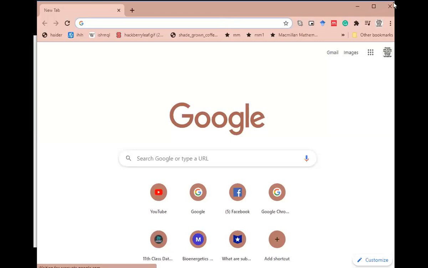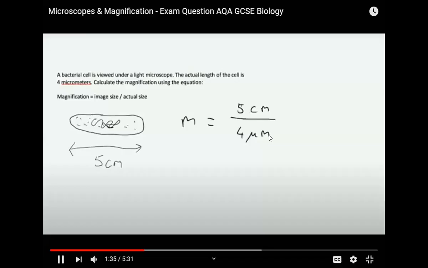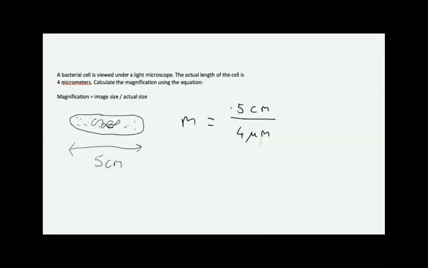Now I like dealing with whole numbers, and so I'm going to turn 5 centimeters into micrometers. And so the way I do that, first of all, I'm going to remember that 1 centimeter is equal to 10 millimeters. So I'm going to say that 5 centimeters is the same as 50 millimeters, right?